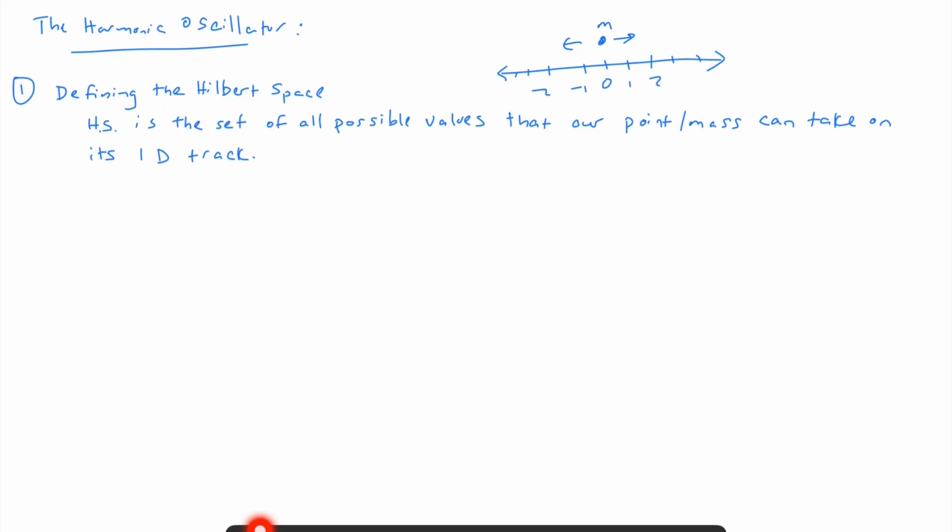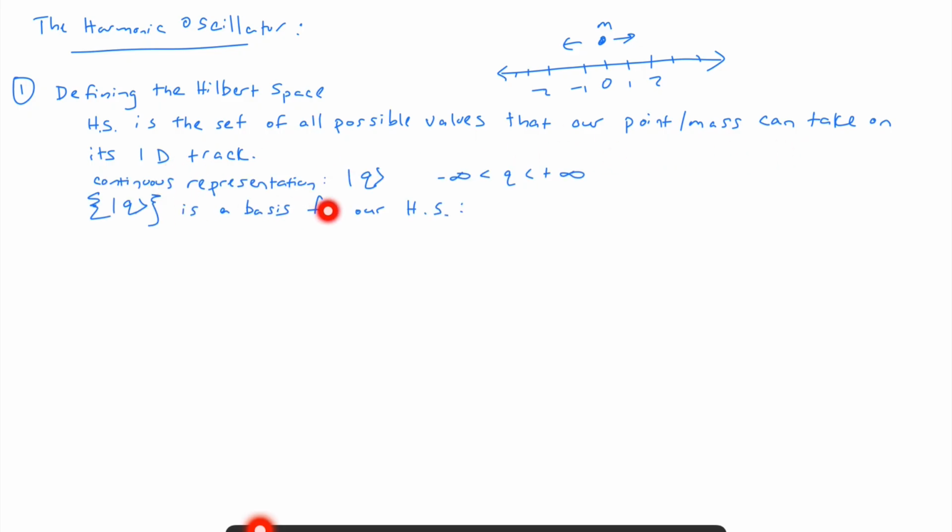The first thing, if you go by my recipe for quantizing any physical system, is to define the Hilbert space. The Hilbert space is the set of all possible values that our point mass can take on its 1D track. In the continuous representation, we can phrase the kets like this: a ket Q, where Q can take on any real number from minus infinity to positive infinity, and associated with each of those is a potential value you can find for this ball, and associated with that is a ket in our Hilbert space.